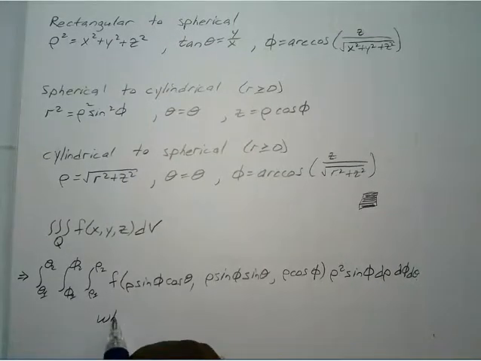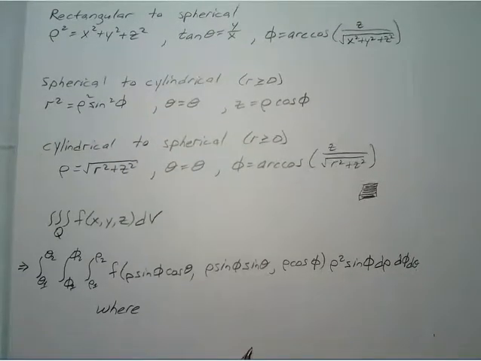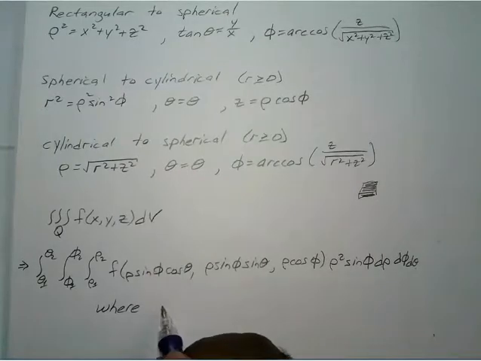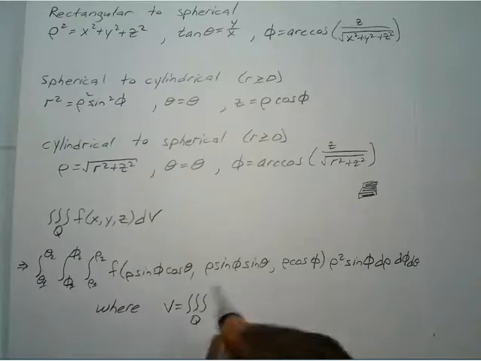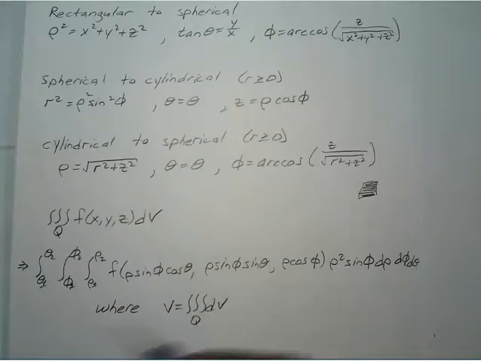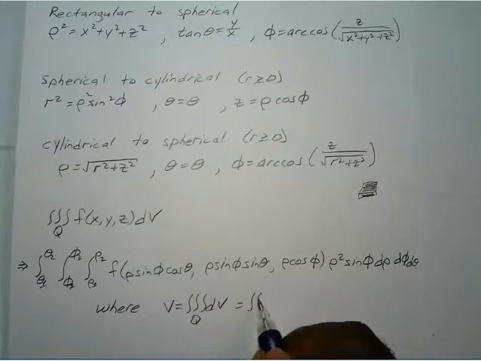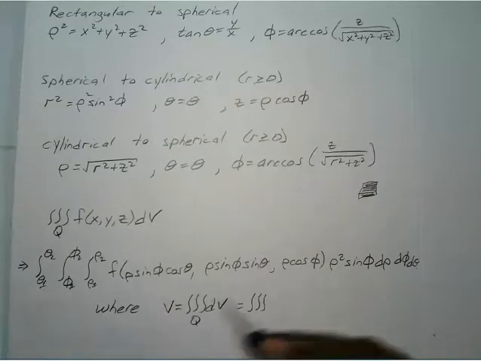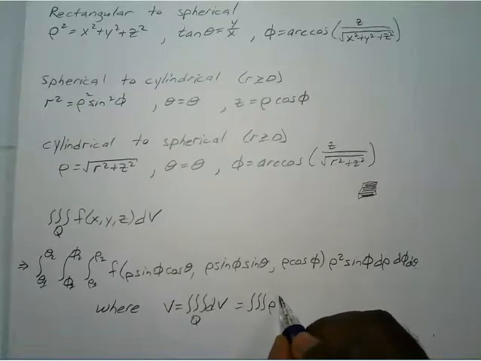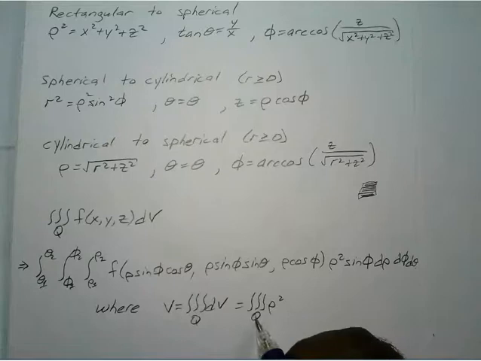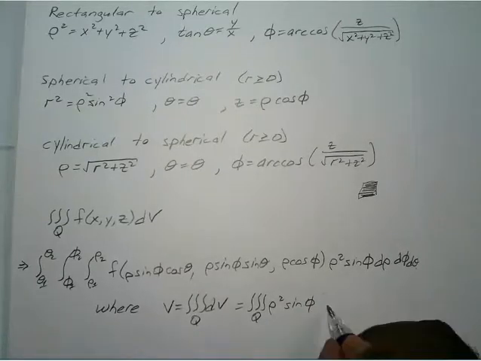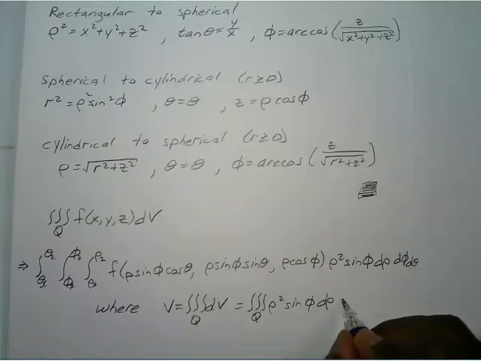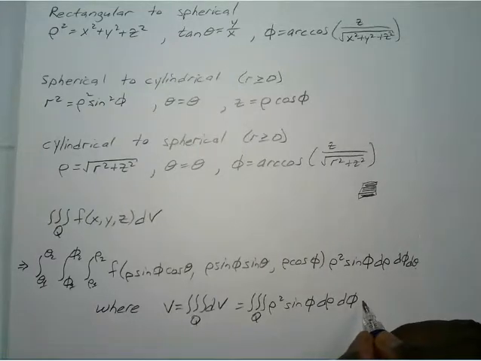Okay, and that is where you just wanted to find the volume. That will be equal to the triple integral of rho squared sine of phi with respect to rho, with respect to phi, with respect to theta.